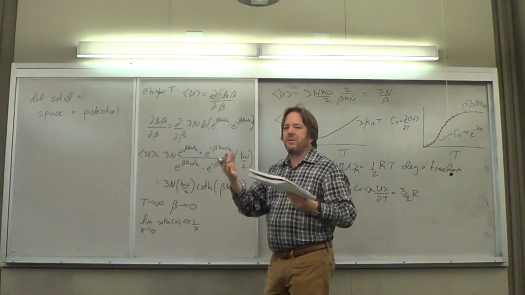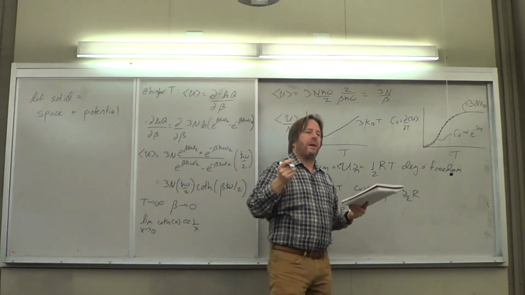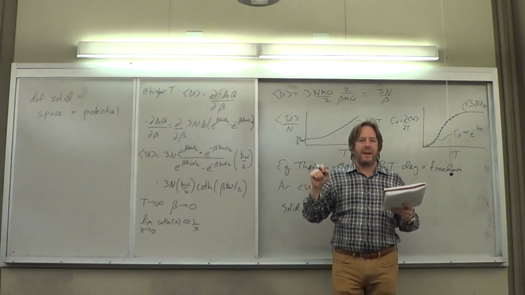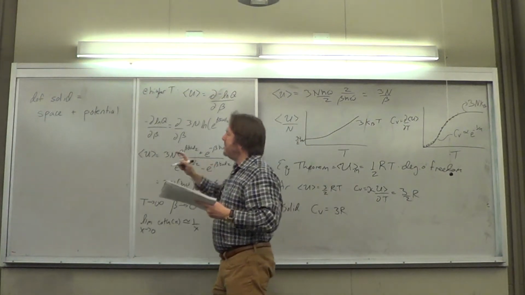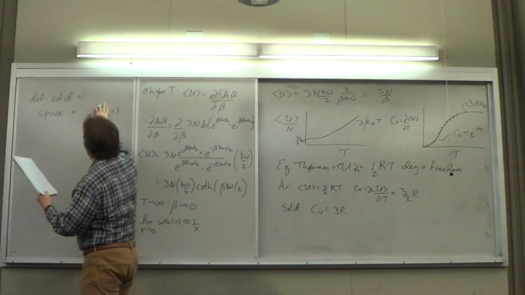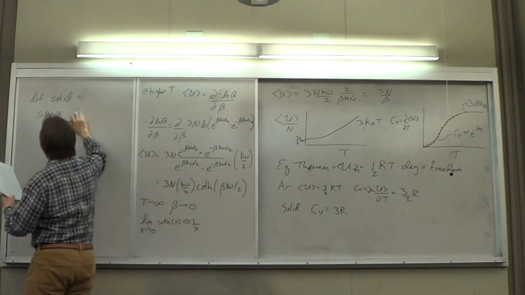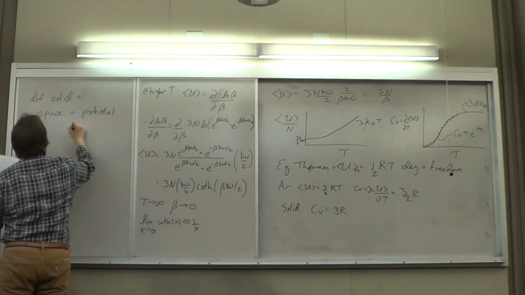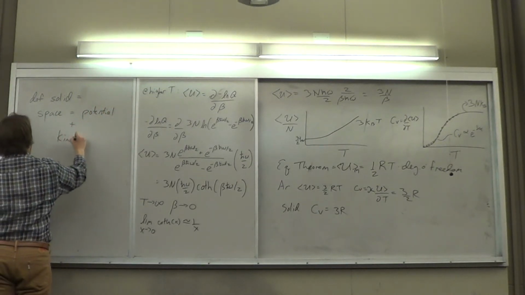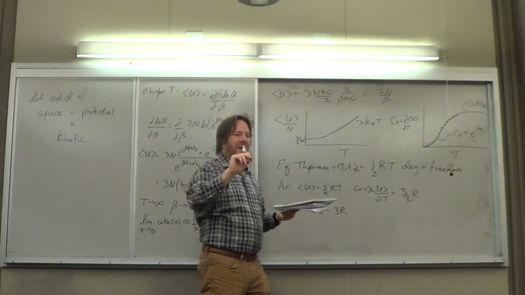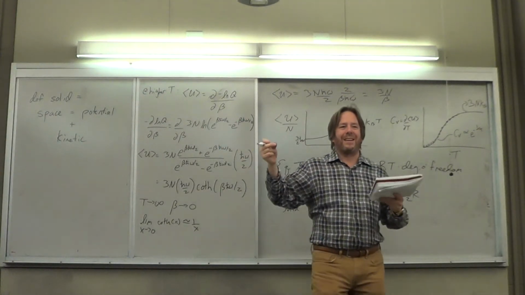That's Hooke's law, 1/2 kx squared. That potential energy depends on the position of the atoms. Space is potential energy. But you also get kinetic energy because it is moving. So there's your translation.